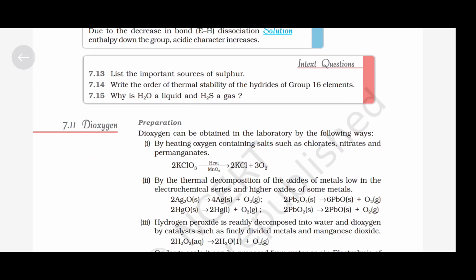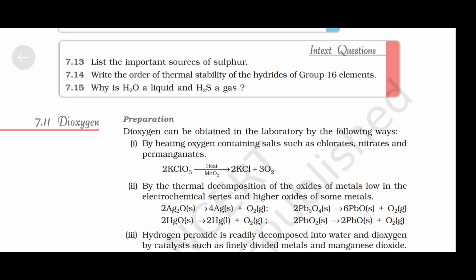Dioxygen. Preparation. Dioxygen can be obtained in laboratory by the following ways. First, by heating oxygen containing salt such as chlorates, nitrates, and permanganates. KClO3, when heated in presence of MnO2, will give potassium chloride and oxygen is released.